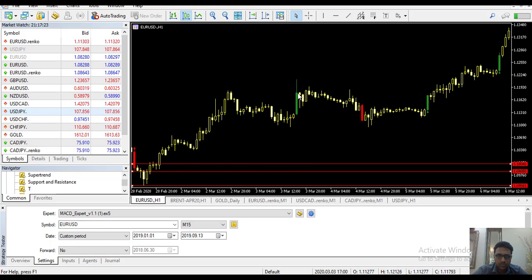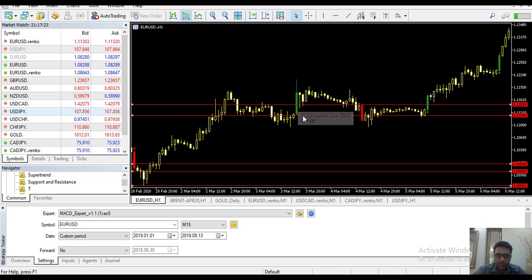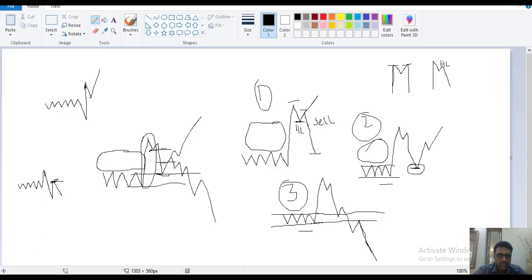Now, consider this one. Where is the range? This area. It could have come anywhere in this area, right? So what is the condition? A range formed. A thrust bar happened.